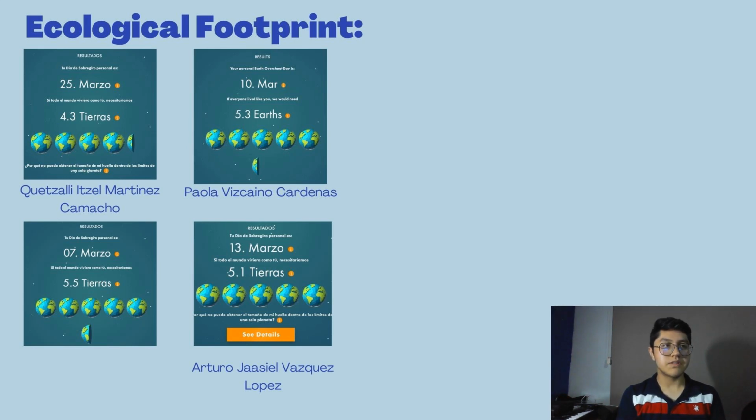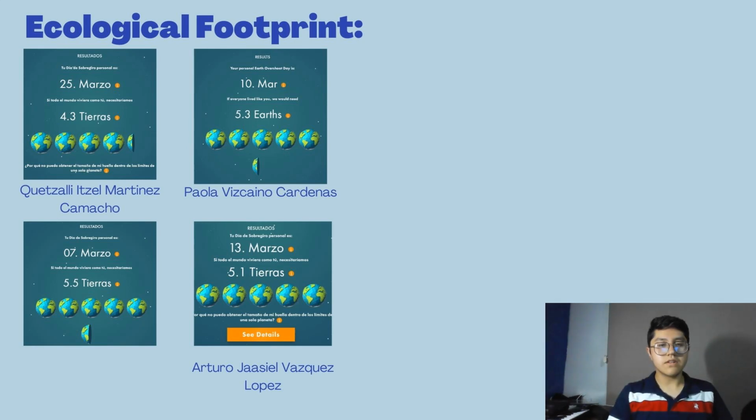And well, as you can see, some examples of our footprints are really surprising and alarming because we have to take action in order to take care of our planet, to sustain it, and actions to help reduce the ecological impact will be crucial to adopt sustainable practices in our daily lives.